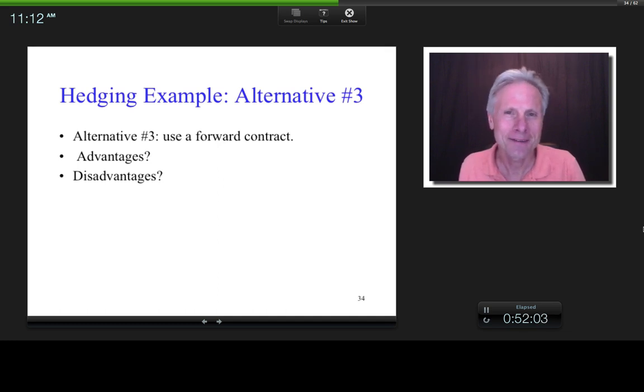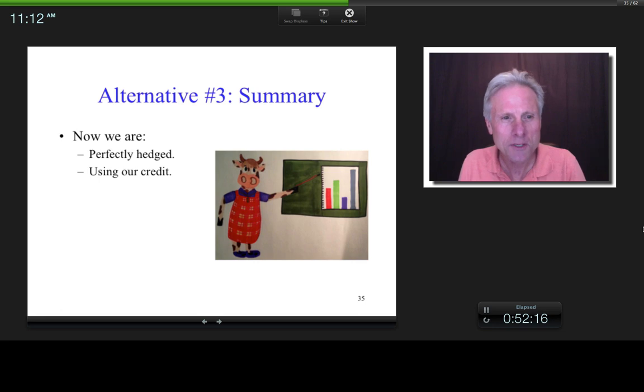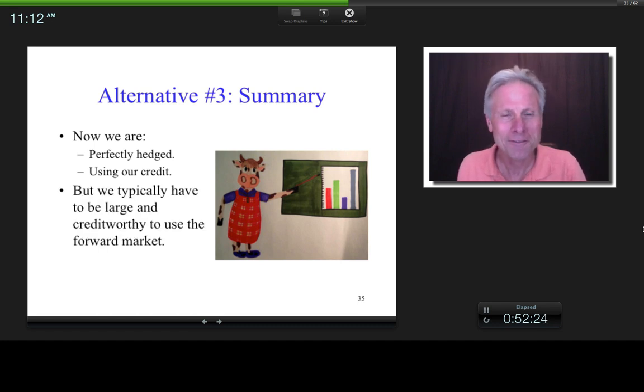They are, right? So one of the disadvantages of the forward market is that you have to be relatively large and creditworthy as far as accessibility is concerned. So if we summarize it all, we're perfectly hedged, we've regained our credit advantage, but typically we have to be large and creditworthy.